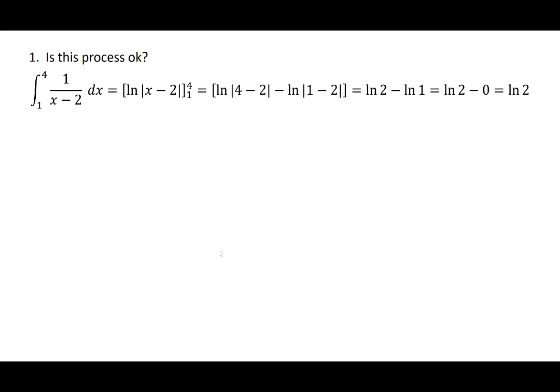So we have natural log of 1, which is 0. So we end up with natural log of 2, which is a nice finite quantity. Therefore, the integral converges.